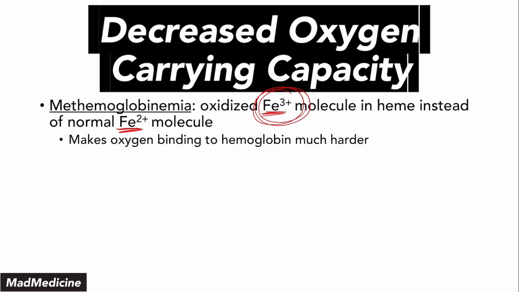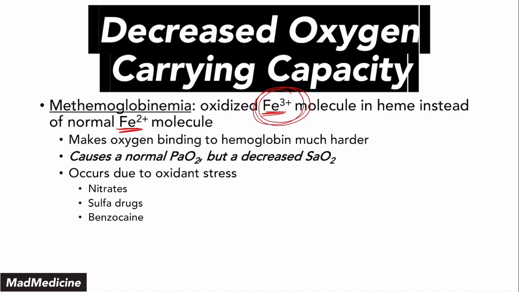So what happens in this condition? You're going to have a normal PaO2 but a decreased SaO2, same situation, and this usually happens because of oxidative stress. Like nitrates, sulfa drugs, even benzocaine or lidocaine, which are topical numbing agents that can be used during a dental appointment, they can lead to methemoglobin.